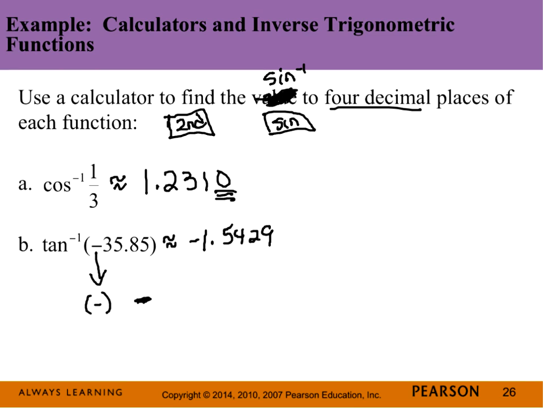So make sure you're using the negative sign there. And when you put that into your calculator, you get that that is approximately negative 1.5429. Do either of y'all have any questions about using your calculator to find these inverse functions or the values of the inverse functions?